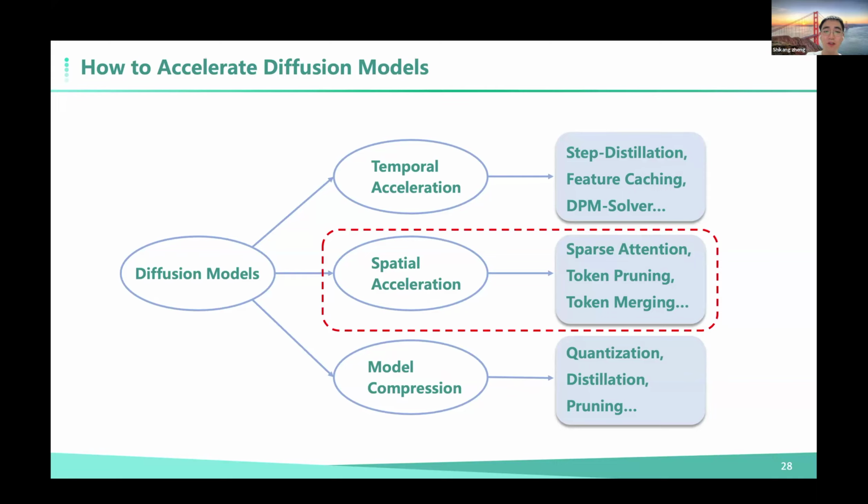So what we try to do is several spatial accelerations mixed with distillation, so that it can gain extra speedups even on distilled models. This is much easier than applying another kind of temporal acceleration method together with distillation.